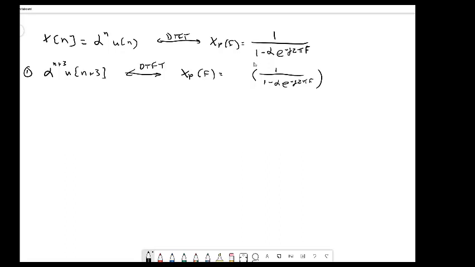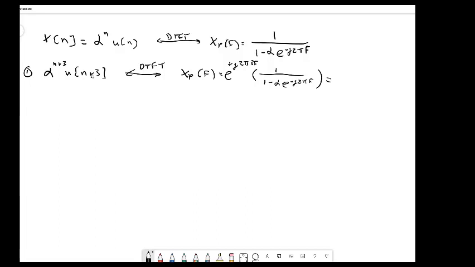And then we have to multiply it by an exponential that's dependent on our time delay here. In this case, an e to the plus j, because I'm doing a time advance, 2 pi times the amount of shift, which is 3, times f.